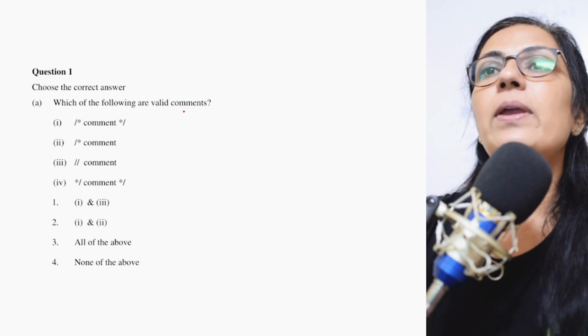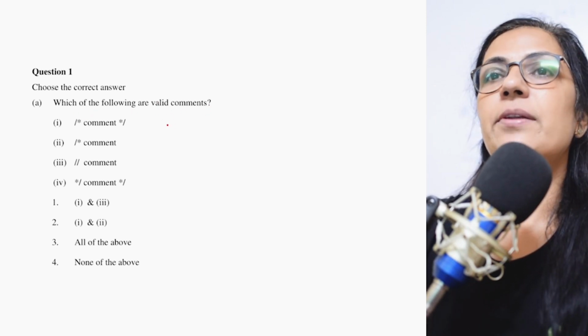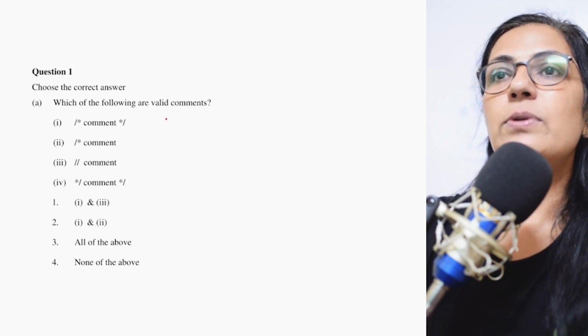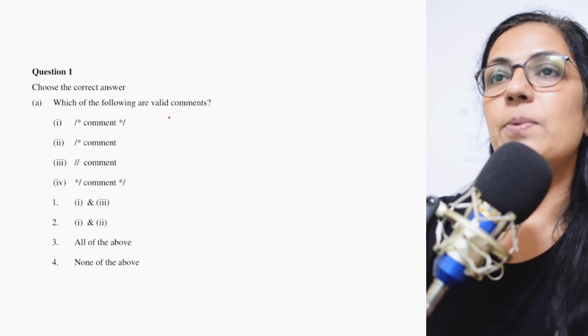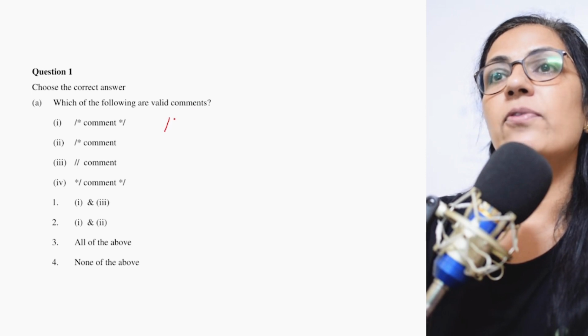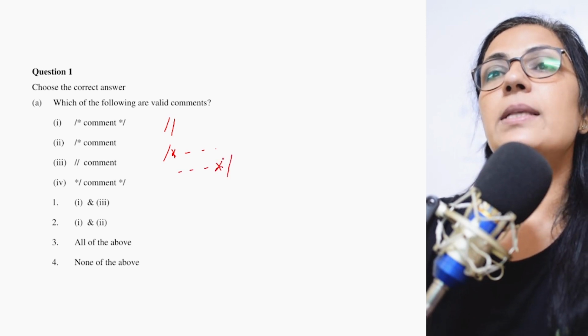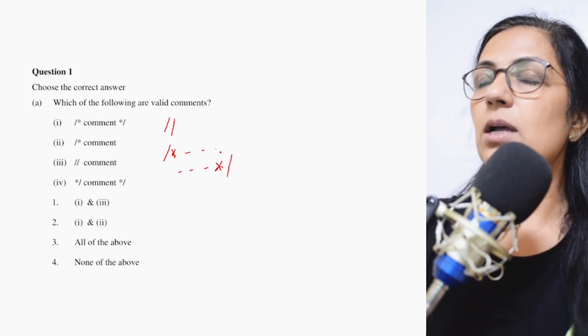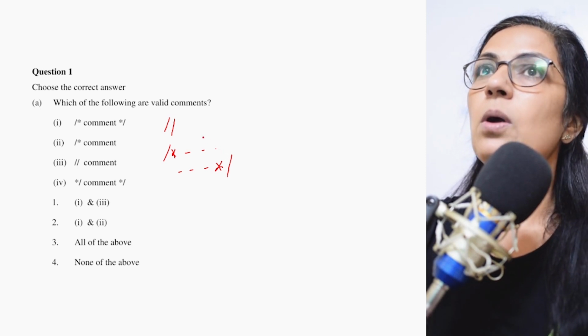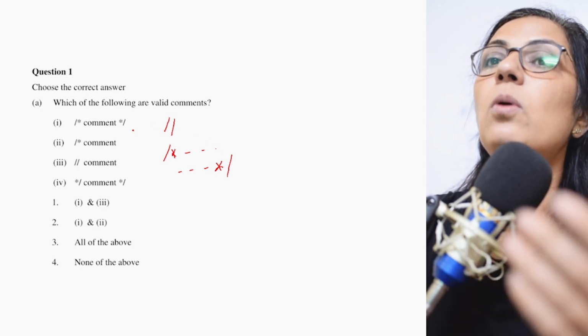Which of the following are valid comments? Children, as per your syllabus, you have done two types of comments. This is single line comment and this is multi-line comment, right? So please just see the question and check according to what you know.